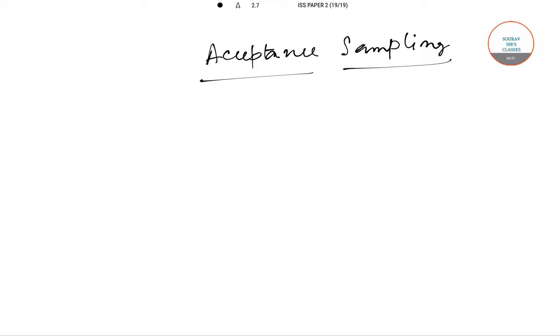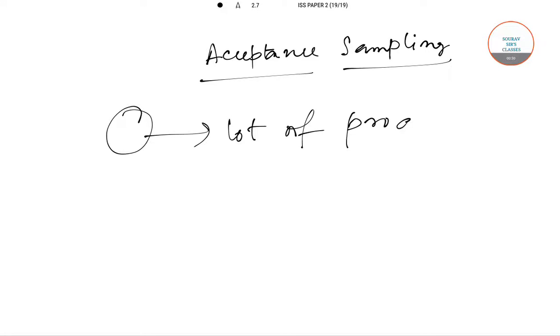That is, in the industry, when you are producing a lot of product, you have to decide whether you will accept the lot or reject it, because that depends on the quality of the product. This is known as acceptance sampling.